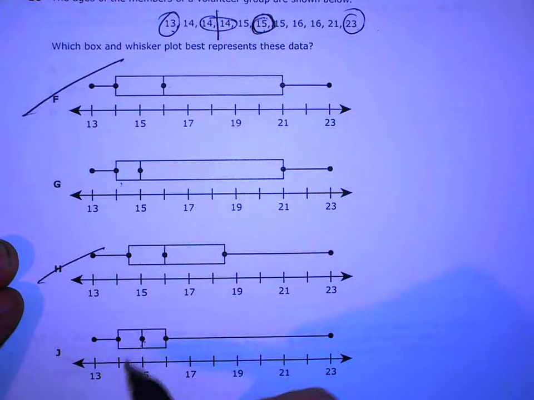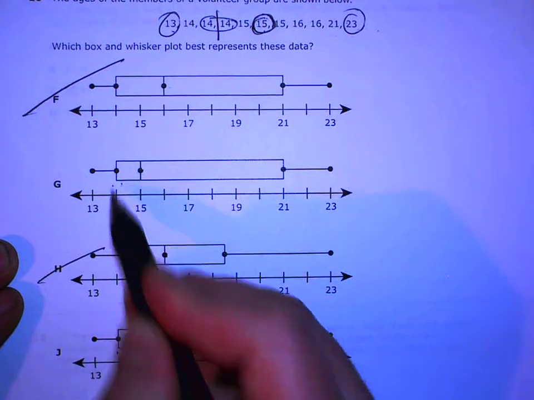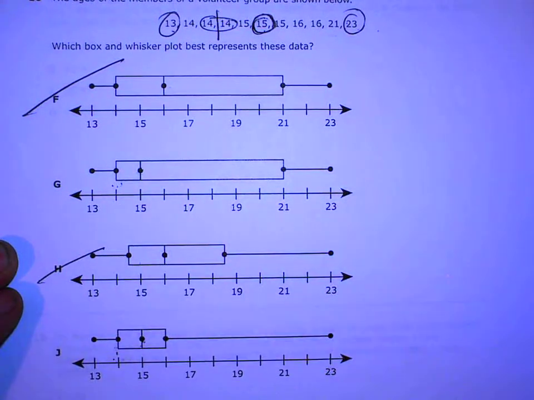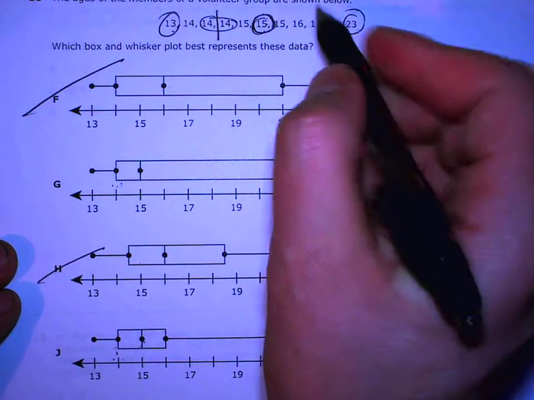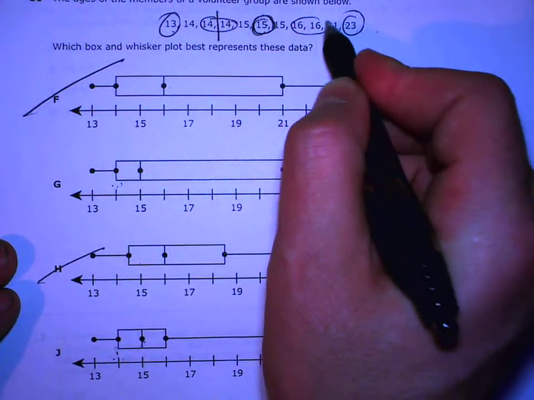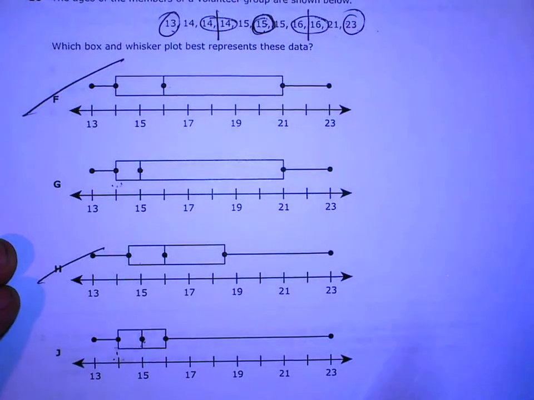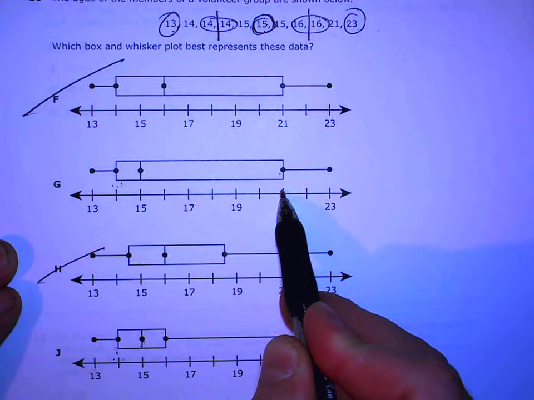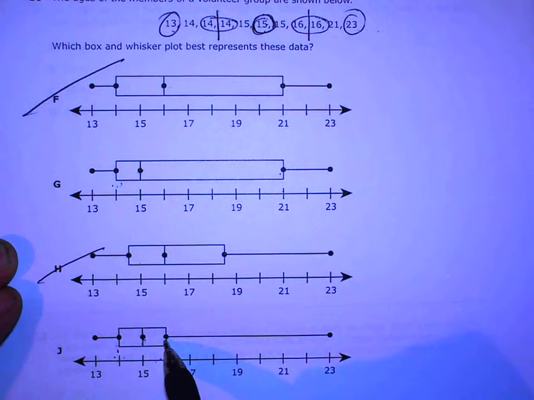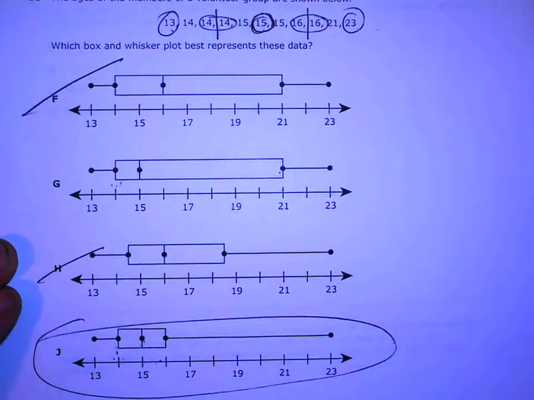So my dot here has to be 14. Well, both of them are, so we've got to check the next one. I come over, doing the same thing. Right in the middle, I've got 16 and 16. I'd have to split them and average them. Well, this dot is on 21. Not the right spot. This dot, J, is on 16.